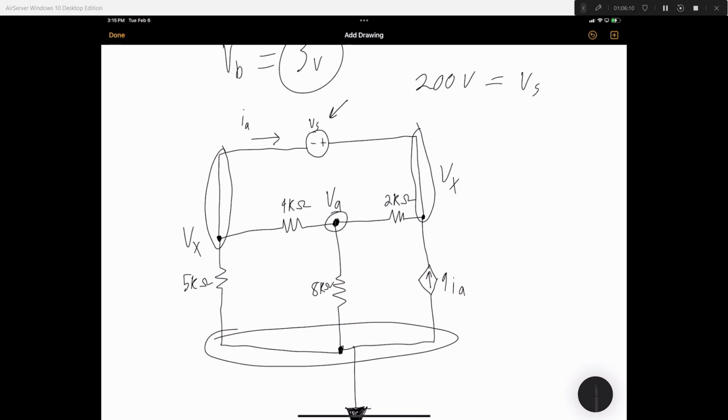So V sub Z. Alright, so this question wants to know, what is V sub Z minus V sub X?